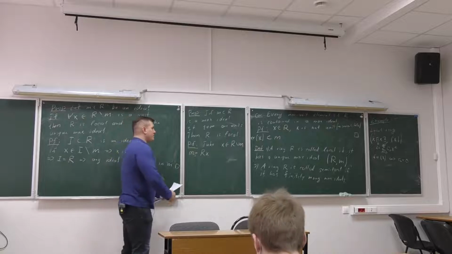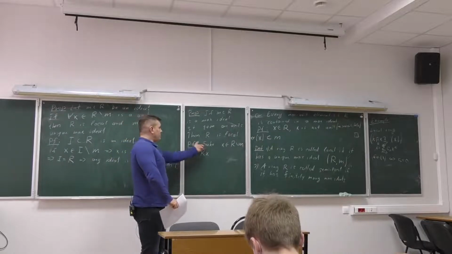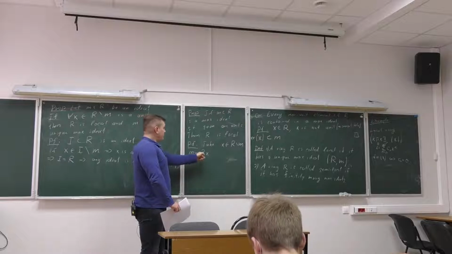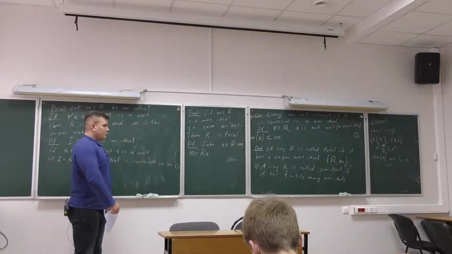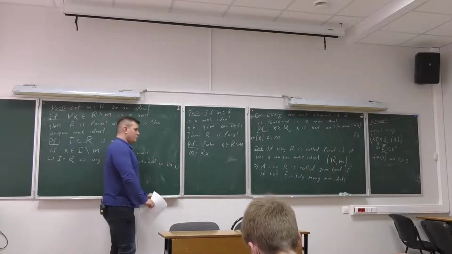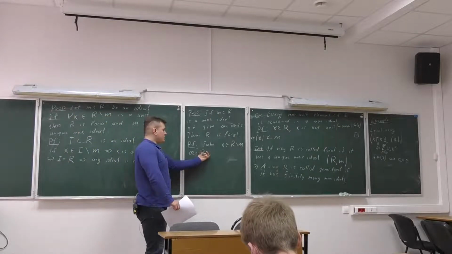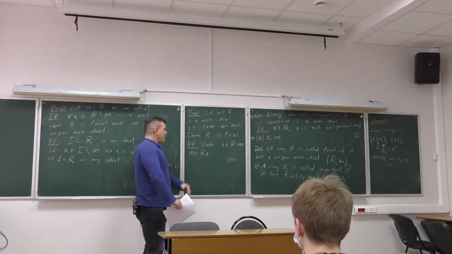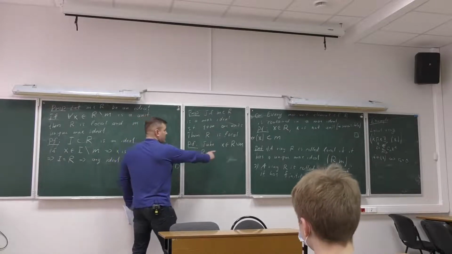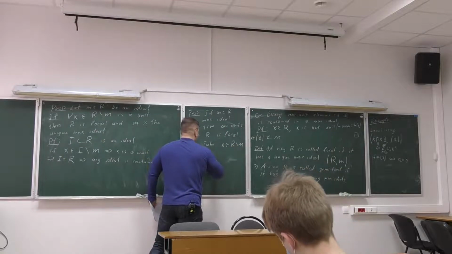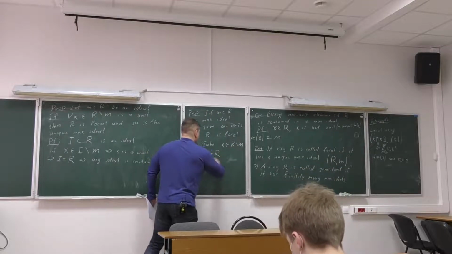I take all possible sums of the form something from the maximal ideal plus some element of the ring times x. Well, this is clearly an ideal. You can check this immediately, or you can just use the general property that the sum of two ideals is an ideal. And this is definitely larger than M, because x is not in M. So the only possibility for this sum is to be equal to the ring.